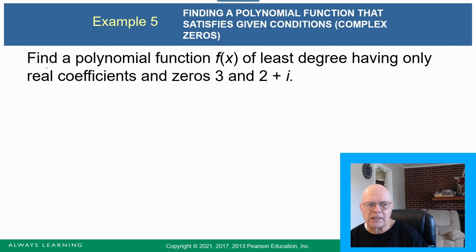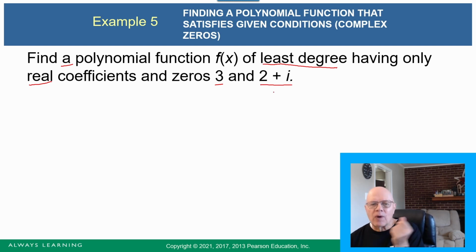Now, we want to find a polynomial function. It's not the polynomial function like we had before. And you want to find that of least degree, having only real coefficients. We're going to pretty much assume that most of the time. And you've got zeros 3 and 2 plus i.